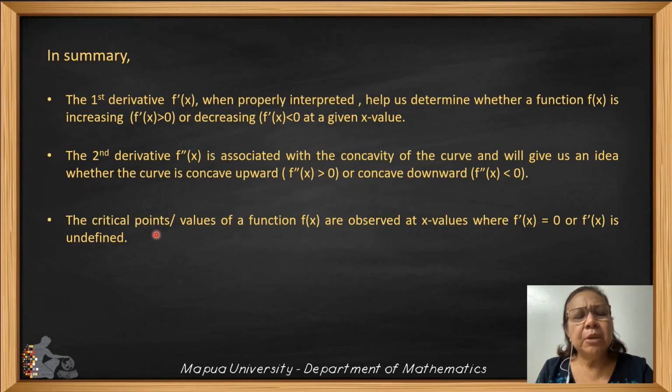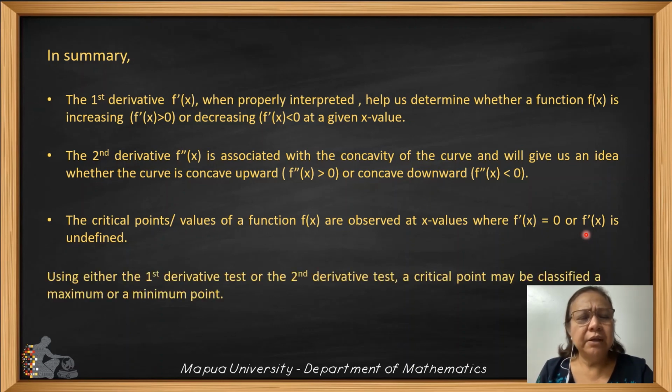The critical points of the function are observed at x values where the first derivative value or f prime of x is 0 or f prime of x is undefined, and we can use either the first derivative test or the second derivative test to determine whether a critical point is maximum or minimum.